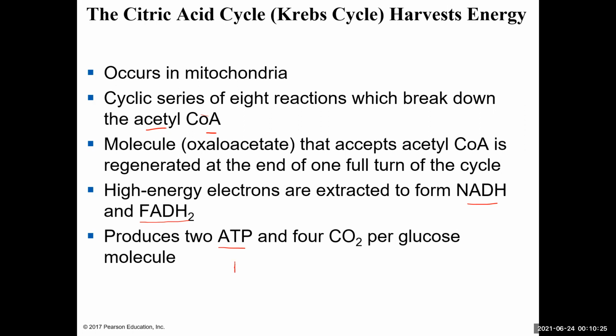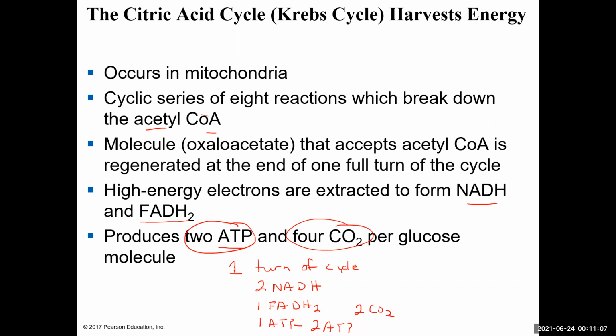So for every 1 turn of the cycle, right, you get 2 NADH, 1 FADH2, you get 1 ATP, and you get 2 CO2. So every 1 turn, okay, that's how much you get. And so remember, this happens 2 times, which means you get 2 ATP total and 4 carbon dioxide per glucose molecule.